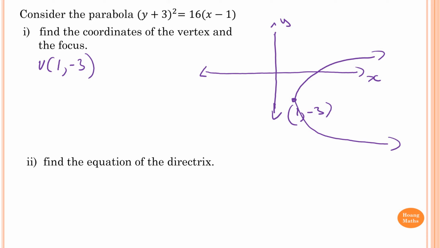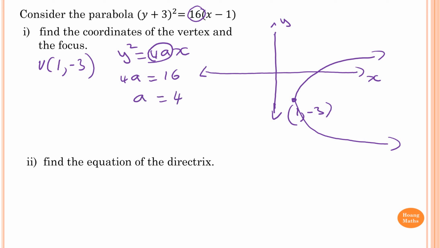Now, because it's y squared, the rule is y squared equals 4ax. So 4a is equal to 16. Divide by 4 on both sides, a is 4.